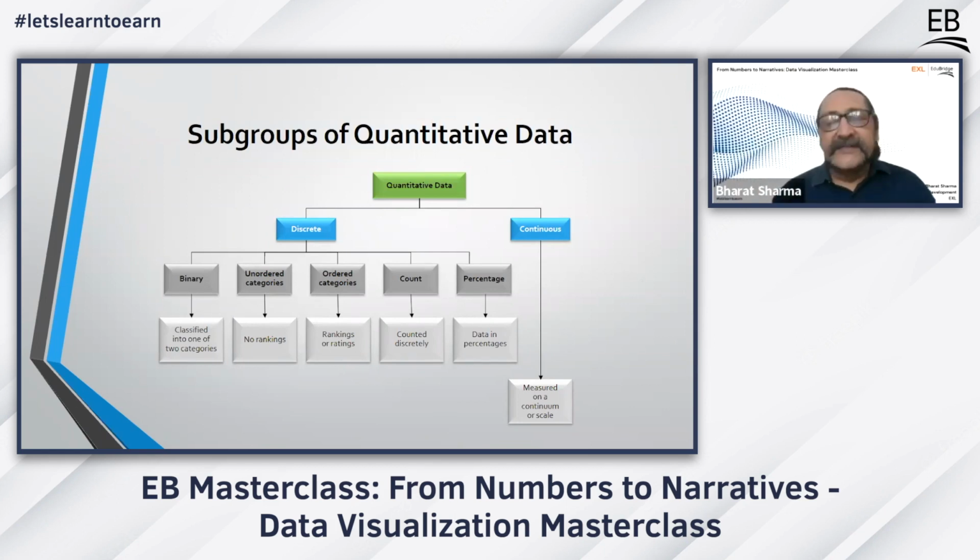I know there are 5 types of discrete data: binary, count, percentage, ordered category, and unordered category data. So these are the 5 different kinds of data sets that we have in the discrete.